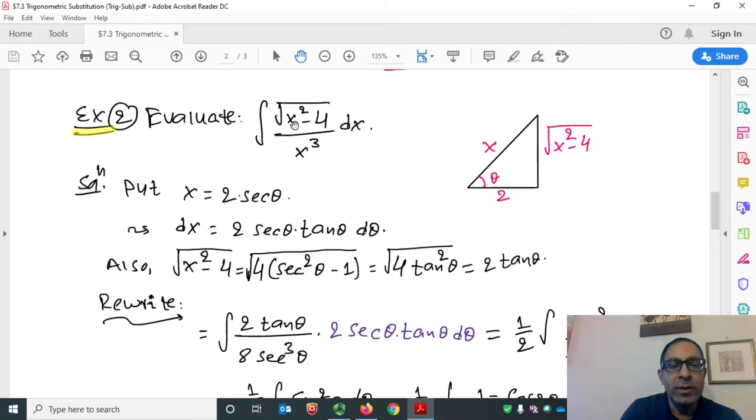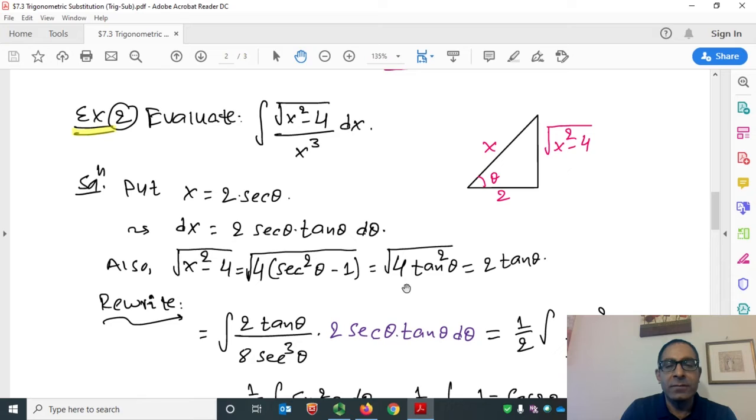Also on my numerator, radical x square minus 4 equals radical, here x square is from our substitution, 2 square secant square theta, 2 square is 4, so I can pull the 4 outside. Then what's left? Secant square theta minus 1.